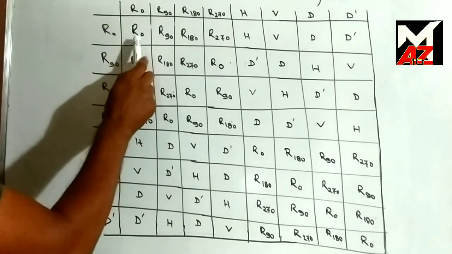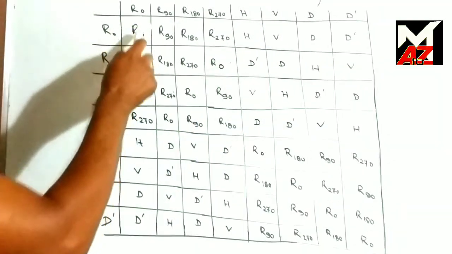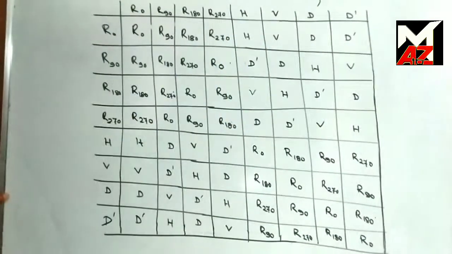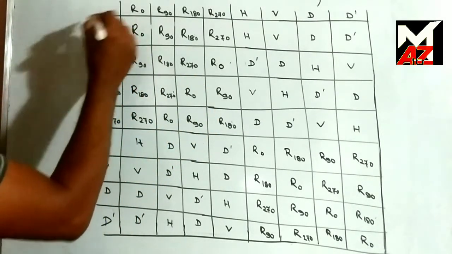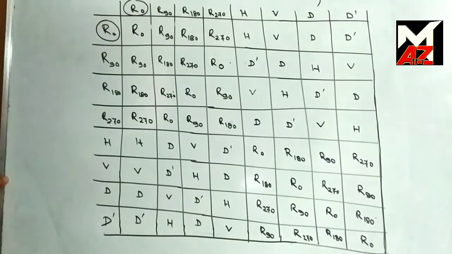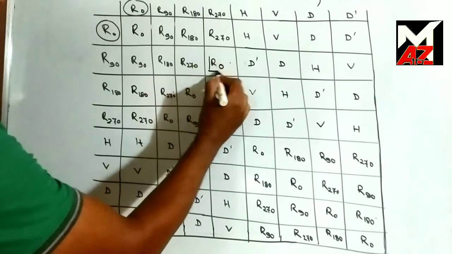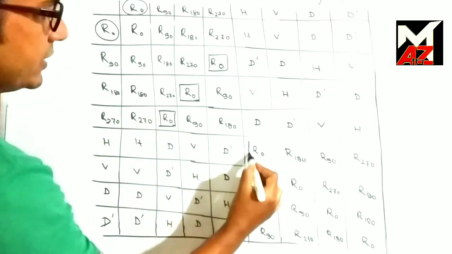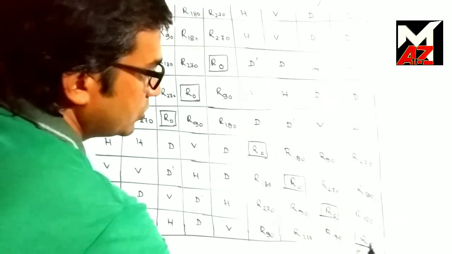The first row and the left column are the same as the top row and column, so R0 is the identity element, and we find the identity in each row and each column.